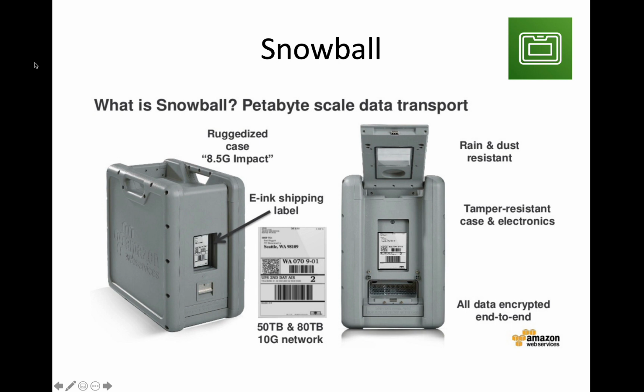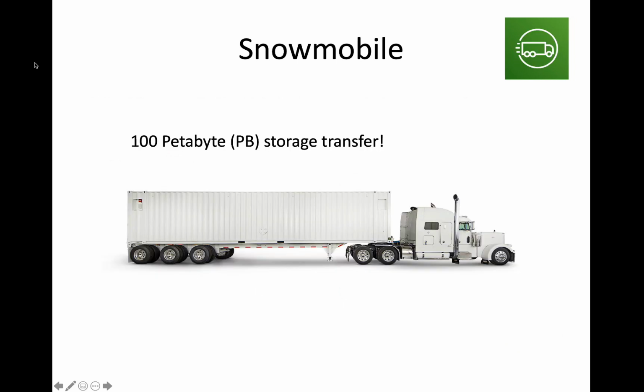Well, what happens if this sort of petabyte scale isn't big enough? Like you're a really, really big company and you've got an unimaginable amount of data that you need to transfer to S3. Well, that's when you bring in Snowmobile.